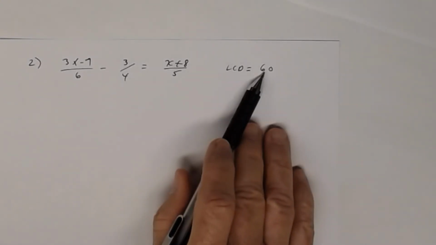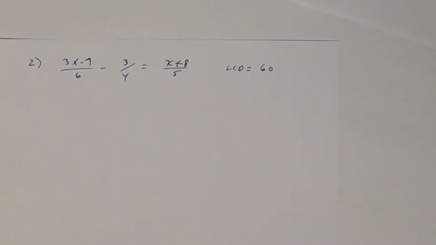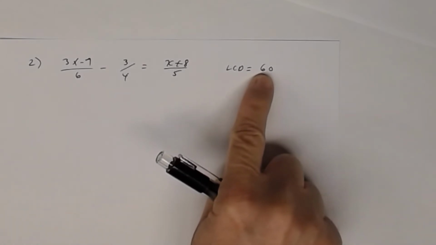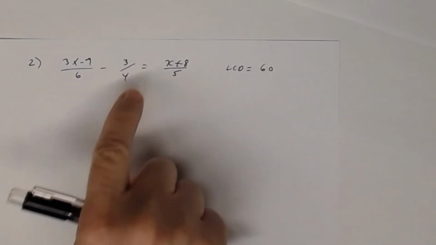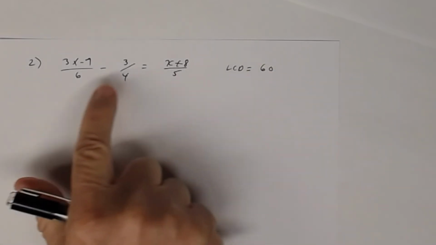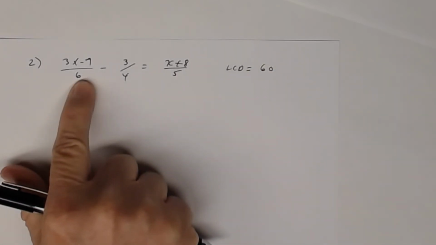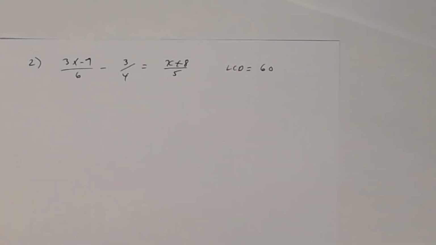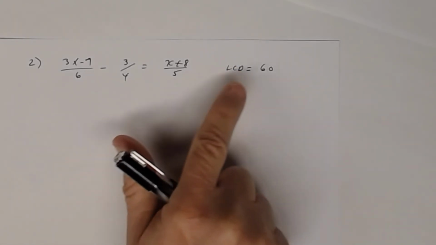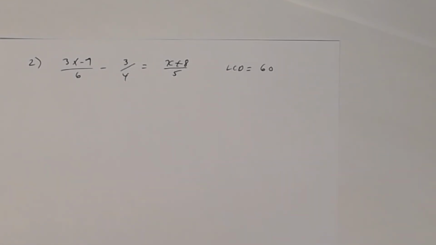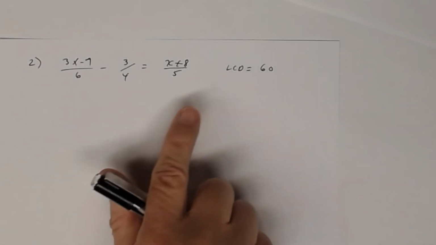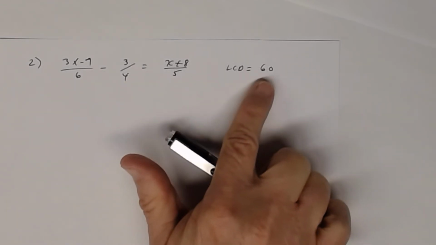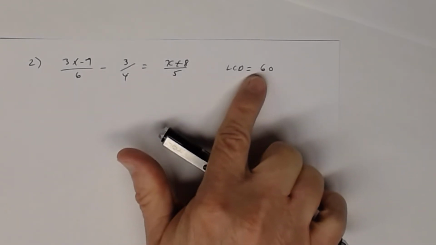You can always check: 60 divided by 6 is 10, 60 divided by 4 is 15, and 60 divided by 5 is 12. Each of those numbers goes into 60 evenly.